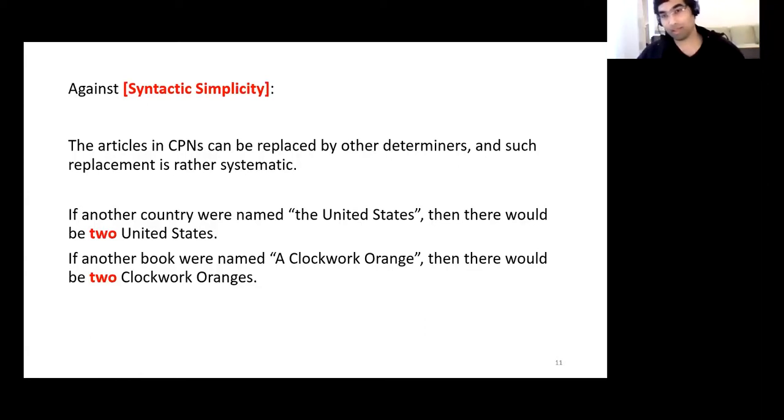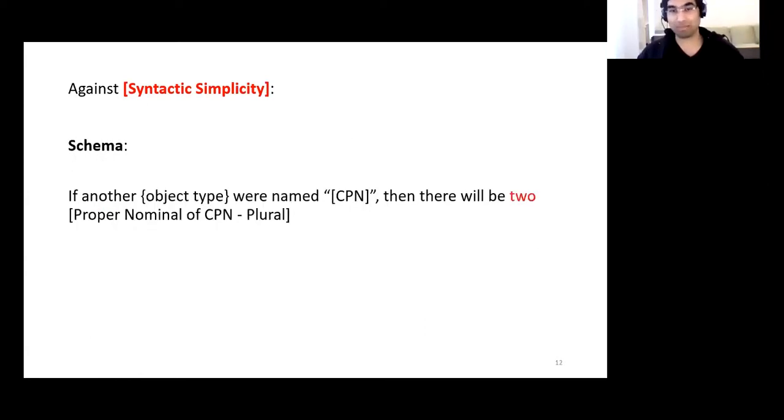Now, there is a pattern in these sentences which can be captured through this schema, and other such schemas can also be constructed. These schemas show how the determiners in proper names can be systematically replaced by other determiners. So in the earlier two sentences, the determiner got replaced by the determiner two.